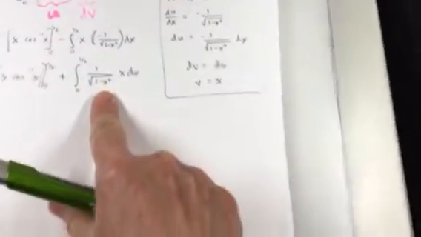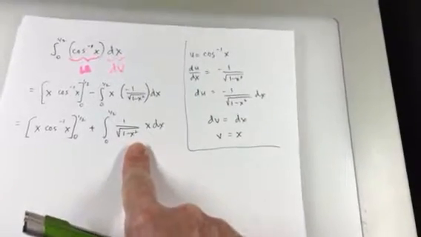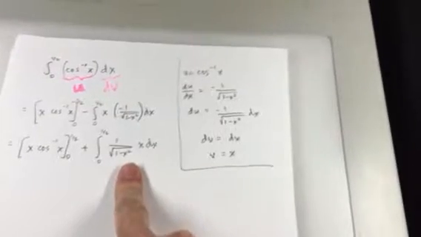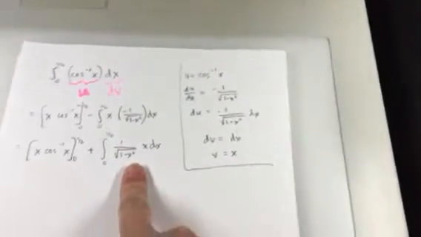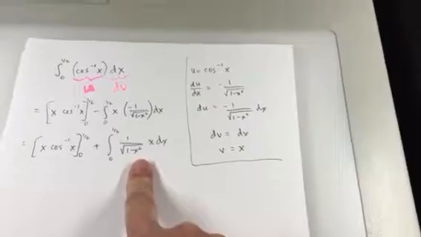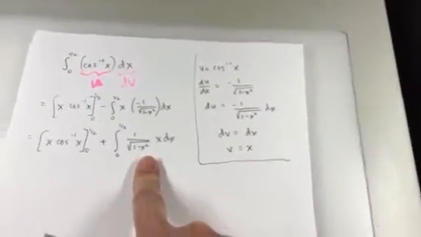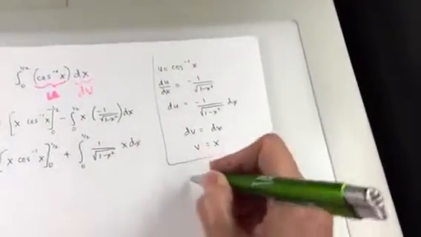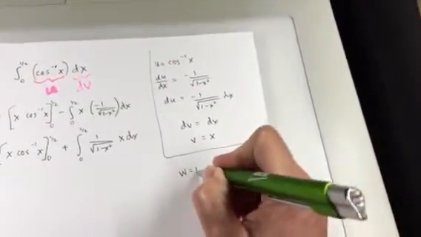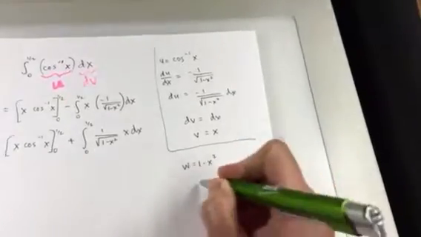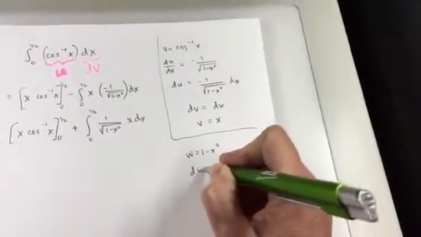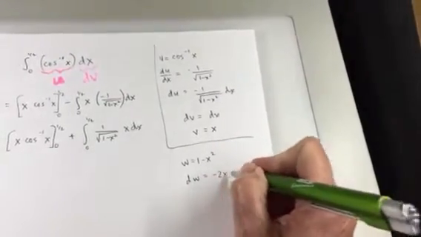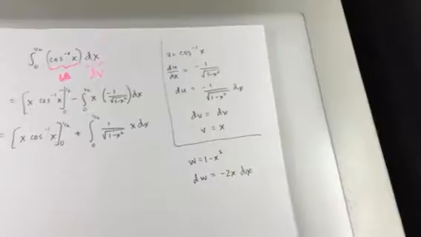Who knows what to do here? I'll say u substitution, but we've already used a u in this problem, so I'll call it w substitution, but it is substitution. So for this part, I'm going to say w is 1 minus x squared, then dw, derivative of w, is negative 2x dx.